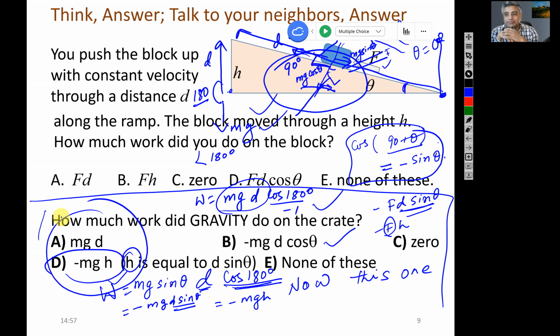So now here is yet another question about work done. And no mathematical calculation is necessary here. So maybe 30 seconds is going to be a good time for this. So total 30 seconds, folks.